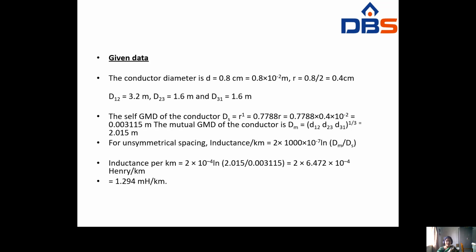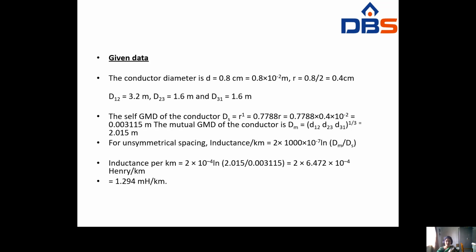Whenever we convert 0.8 centimeters into meters, you write 0.8 into 10 to the power of minus 2, that means divided by 100. So D is 0.8 into 10 to the power of minus 2 meters.